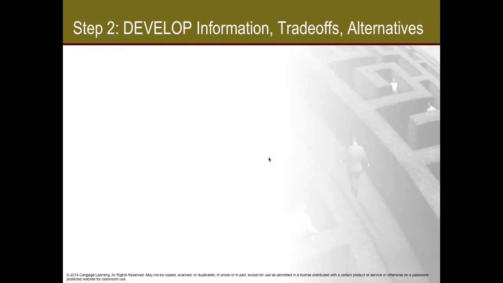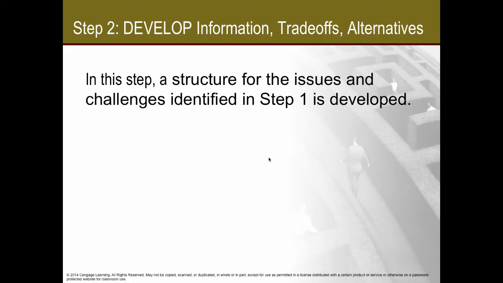Developing information, trade-offs, and alternatives. In this step, a structure for the issues and challenges identified in step 1 is developed. So basically, step 1 was assessing. Now this stage is development, right? You provide a structure for the issues and also challenges that you assessed in the first step.